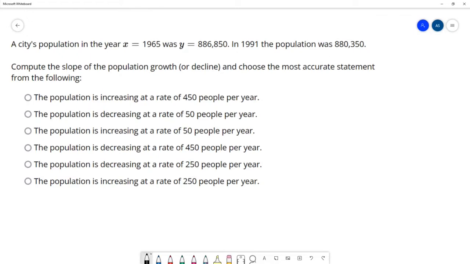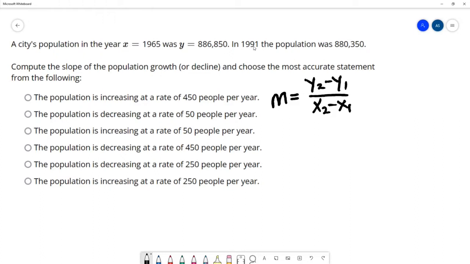We want to calculate the slope, and we have a formula for calculating slope, which is y2 minus y1 over x2 minus x1. That's the change in the y values over the change in the x values. So we're given x equals 1965 with a population of 886,850.